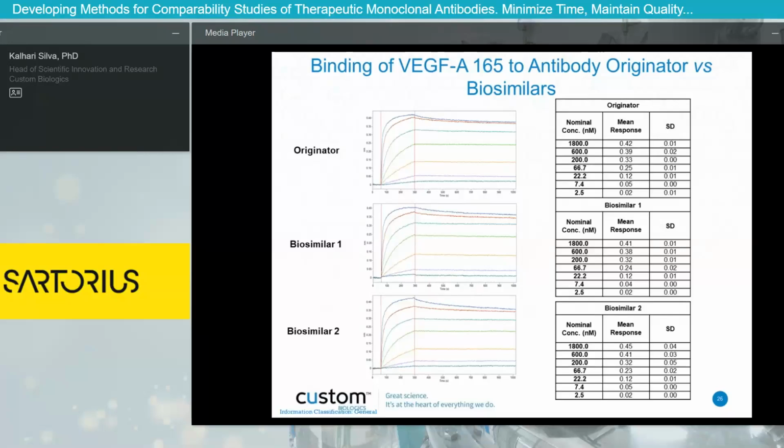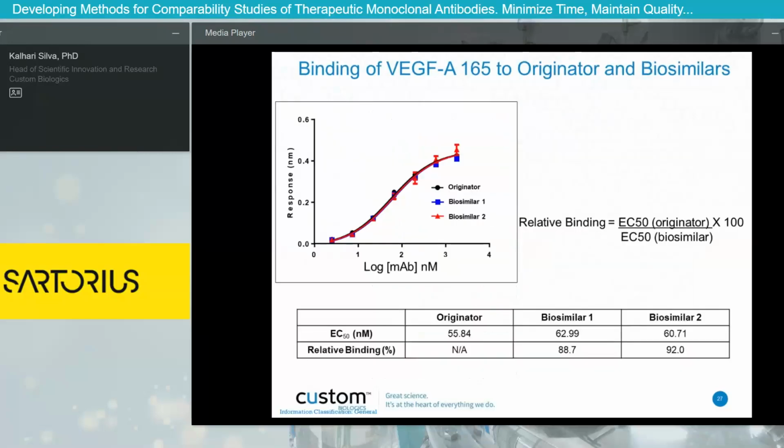Standard deviations were very low as well, when the concentrations of mAbs ranged from 1800 to 2.5 nanomolar. When these mean responses were plotted again using 4PL curves, you can see that they are very similar to one another. These curves were then used to determine the EC50 values, and using the equation on the right, the relative binding was determined.